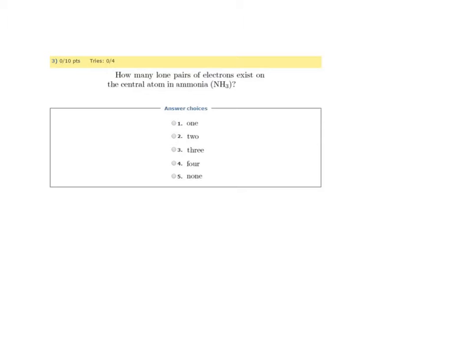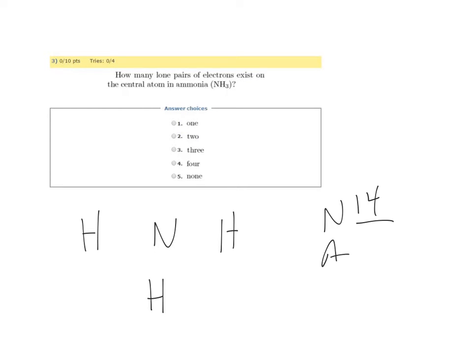How many lone pairs of electrons exist on the central atom in ammonia? Well, to do this you'd need to either know it off the top of your head, which I don't think is likely, or you draw the Lewis structure. Okay, the Lewis structure, you've got N, which is going to be 8 plus 6 or 14. Got A, which is 8, S, which is 6, and L, which is 2.